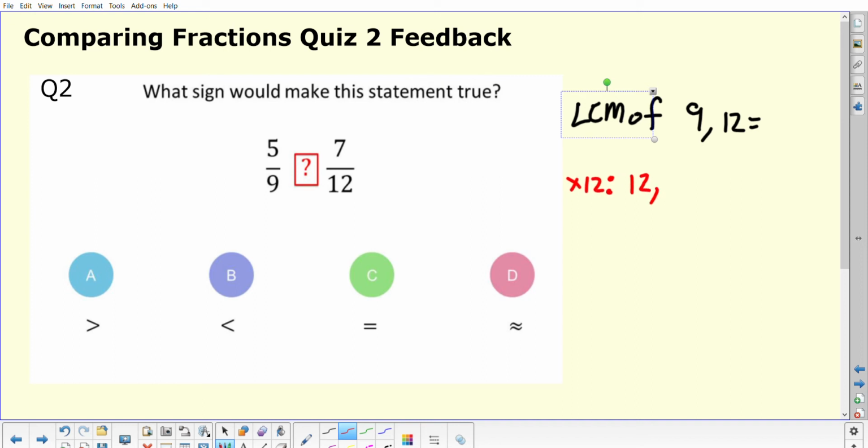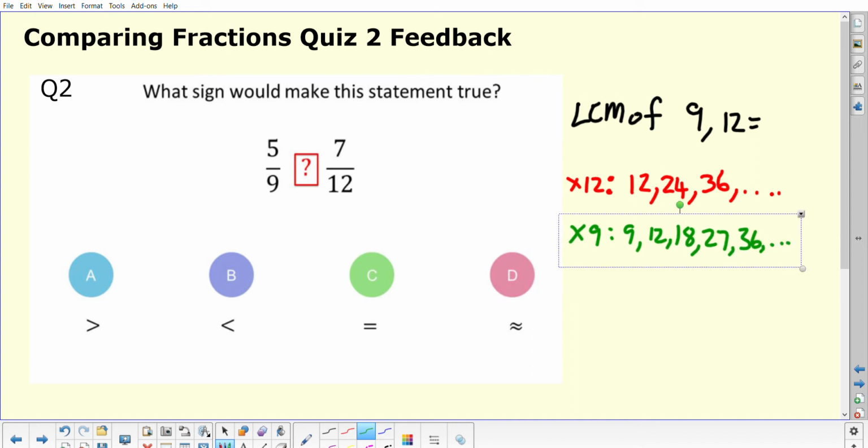You're going to have 12, 24, 36, and you'd keep going until you found one that you recognised is in the 9 times table. And our 9 times table, right, our 9, 18, 27, 36, and so on. So actually, very quickly, we find that lowest common multiple, a number that's in both the times tables, is 36.